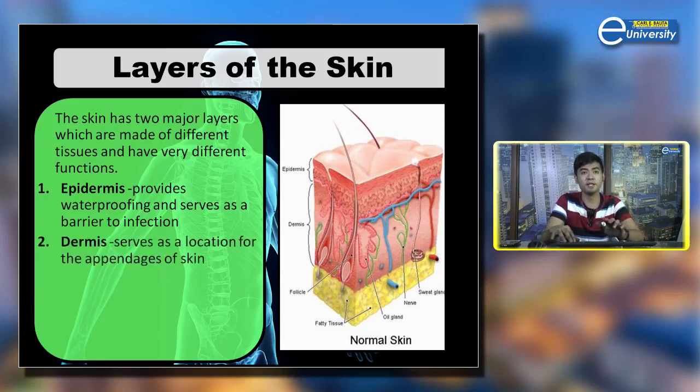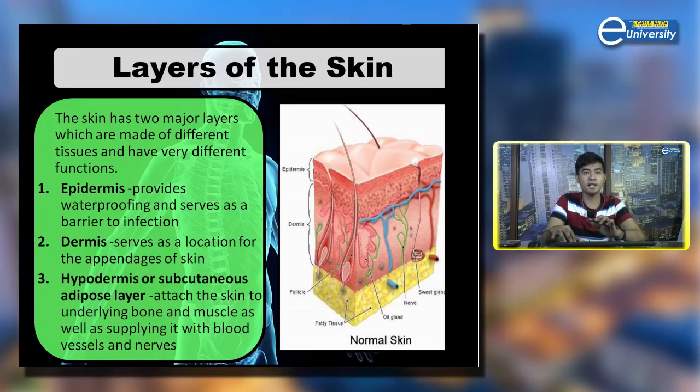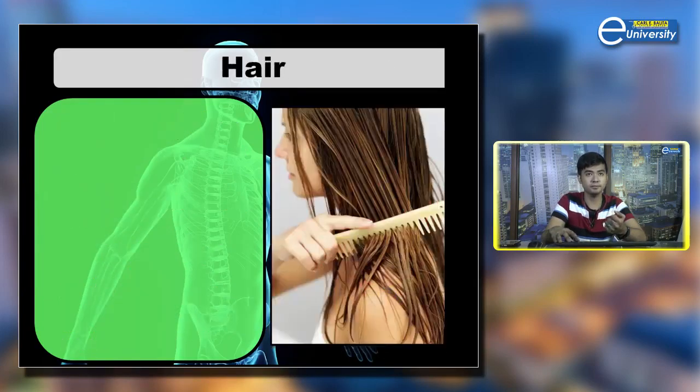Next is the dermis. The dermis serves as a location for the appendages of the skin. And the last part is the hypodermis or the adipose layer. The adipose layer is the layer of the skin which is attached to the bone, and it is where the blood vessels and other nerves are attached. So again, the main layers of the skin are the epidermis, dermis, and the adipose layer, also known as the hypodermis.